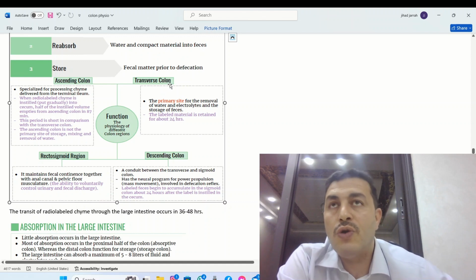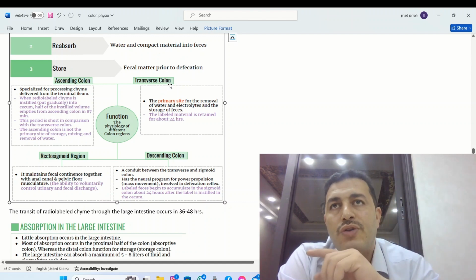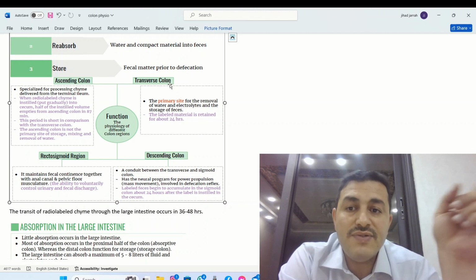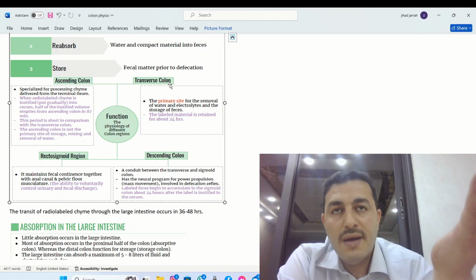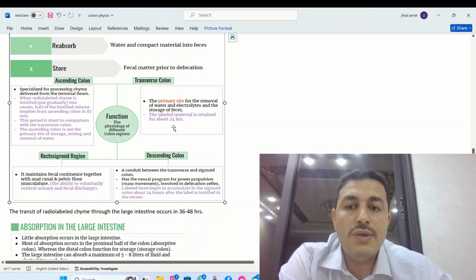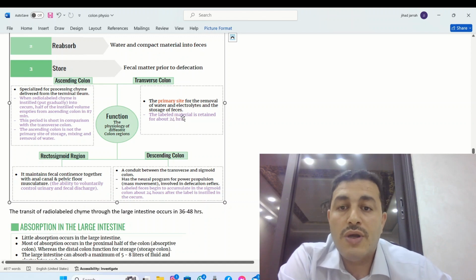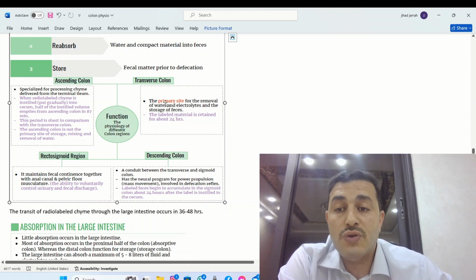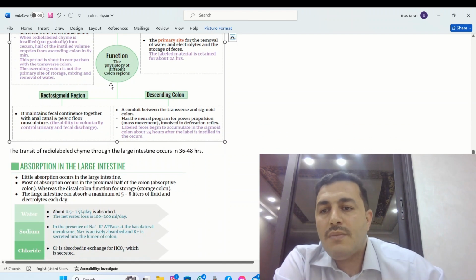In the transverse colon, the transit time is longer, about 1 day, 24 hours. So it is the primary site for removal of water and electrolytes, and storage of feces.